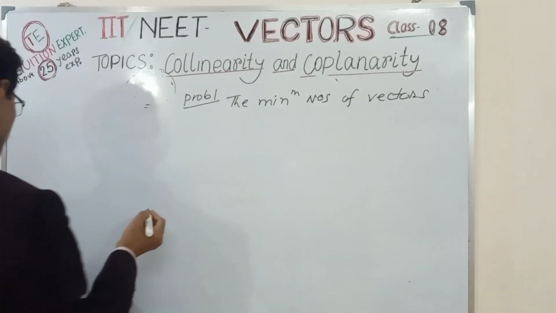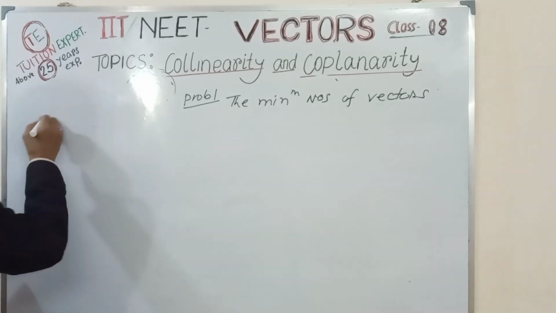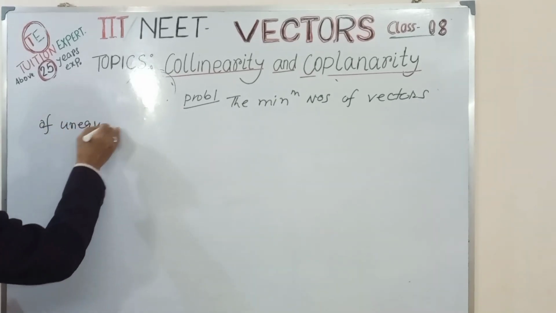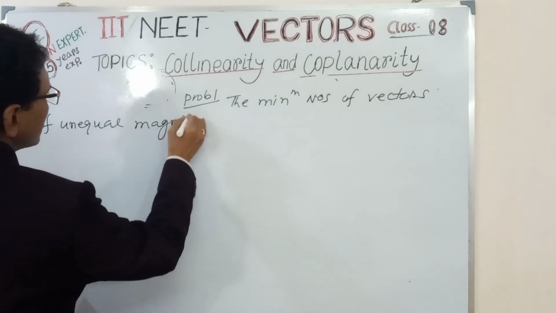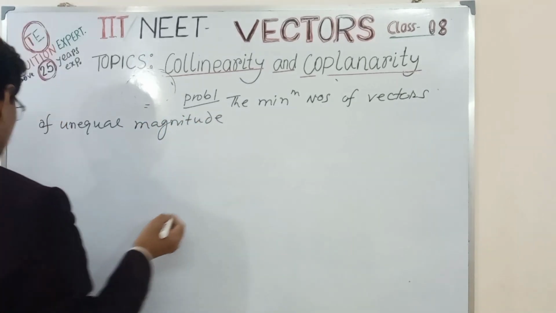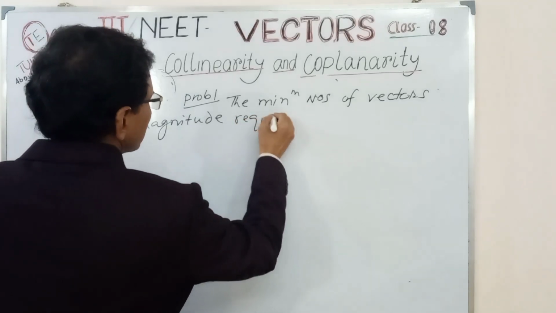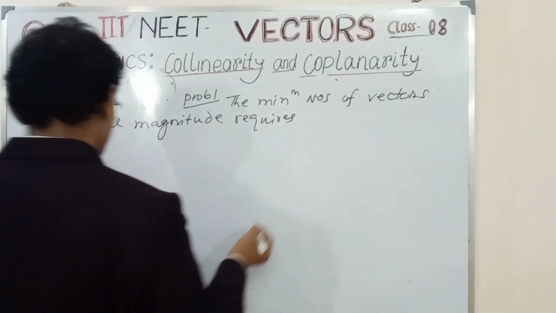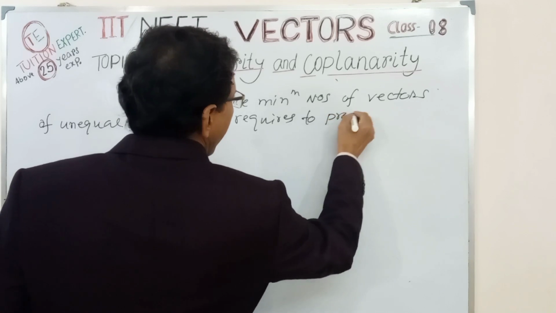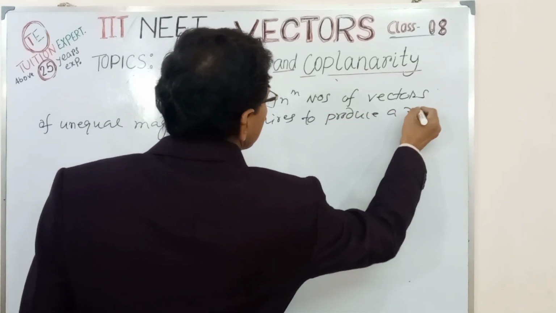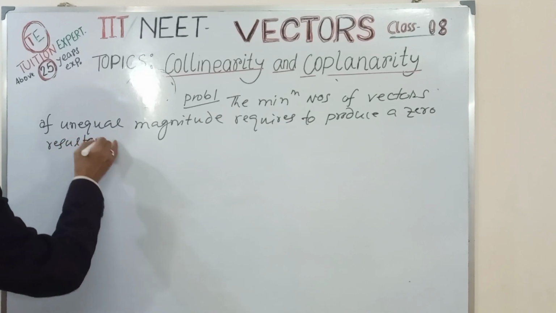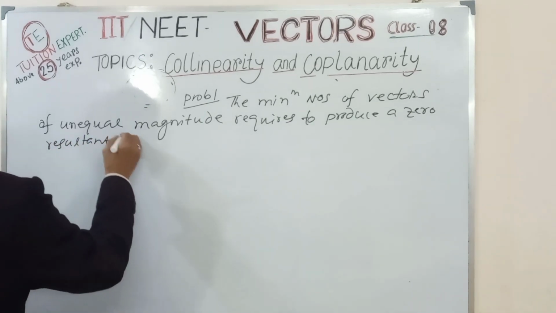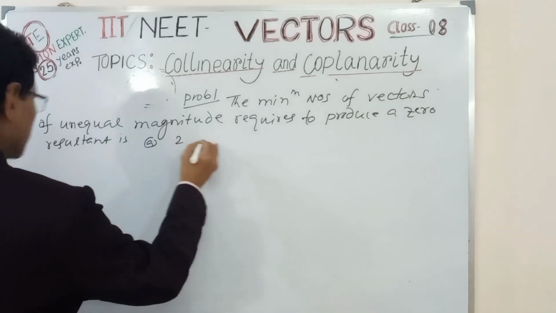The minimum number of vectors of unequal magnitude required to produce a zero resultant is... some options are given.